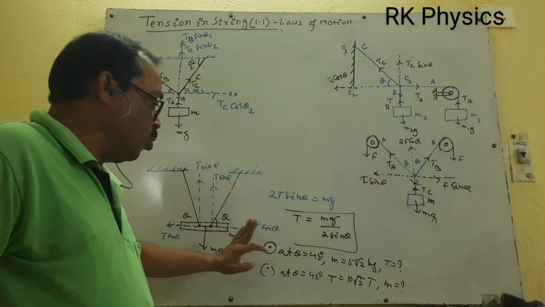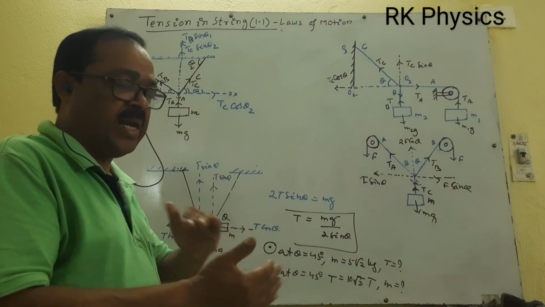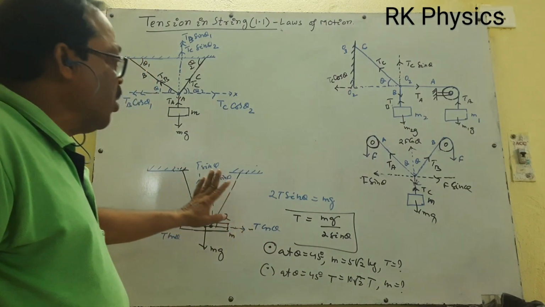In one case, m is known, find T. In another case, T is known, find m. Similarly, if T and m are known, what is the angle theta? So this is a sum.